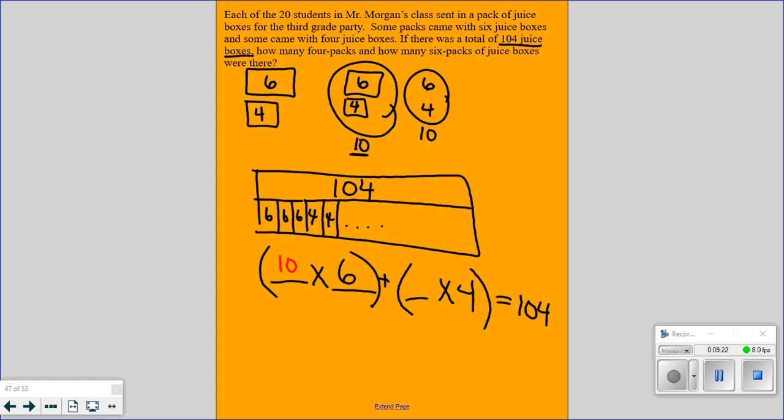Bryson, how many did your group have? 0. It said they came in groups of 6 or 4. It didn't say you had to use all of them.